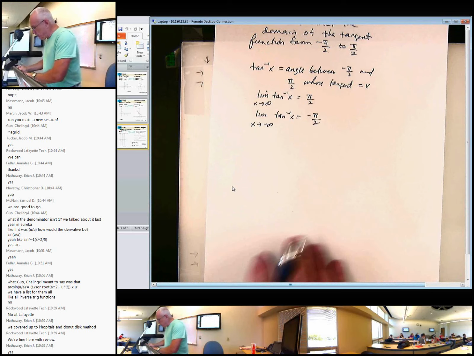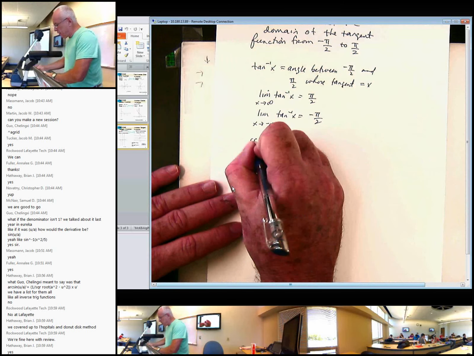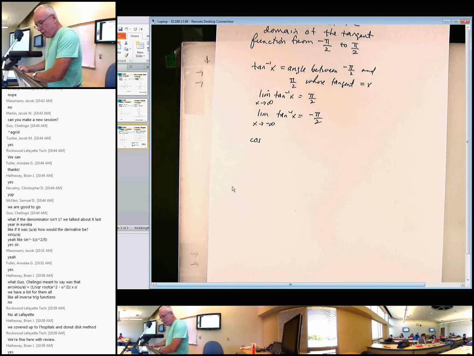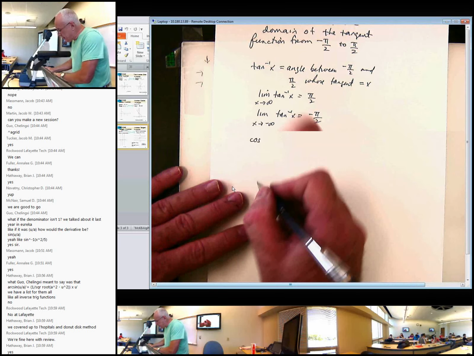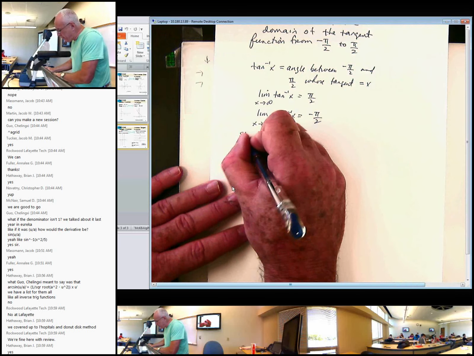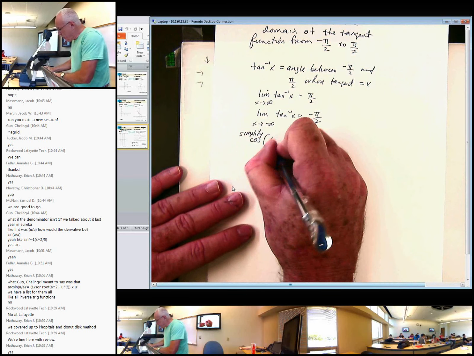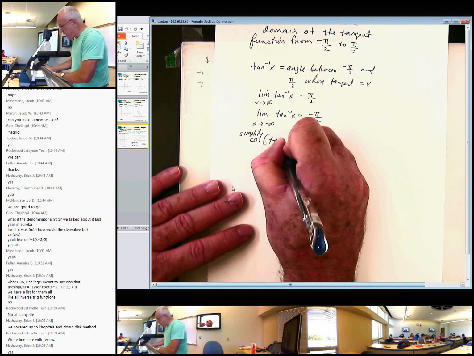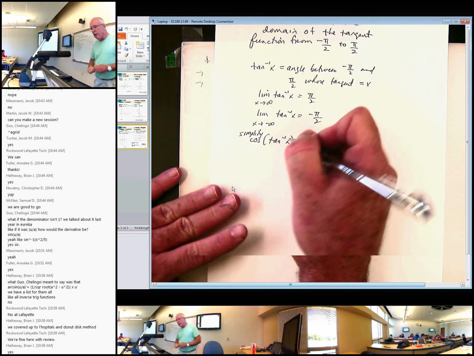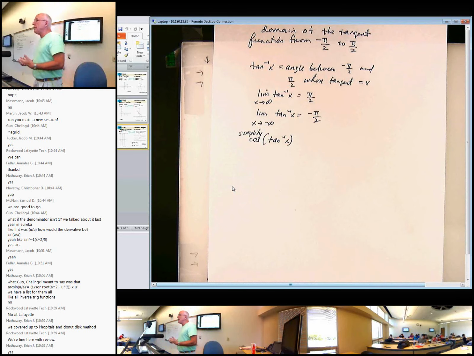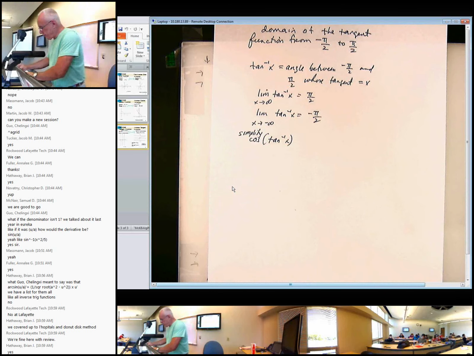Before we get to the derivative of this, let's do another trig kind of thing here. Let us say we're told to simplify the cosine of the tan inverse of x. There's two ways you can do it, and I'm just going to do what I consider to be the easy way.